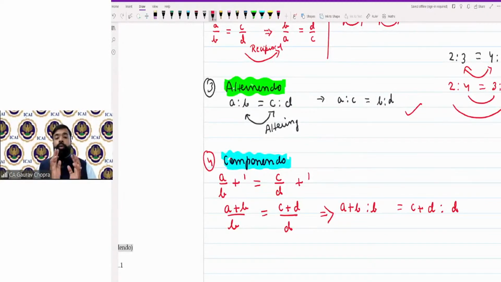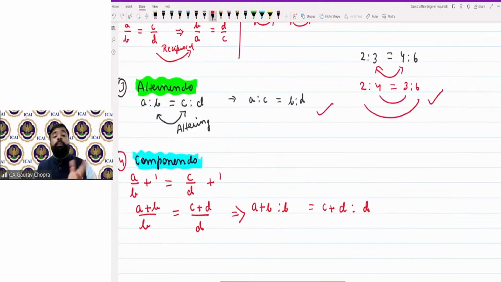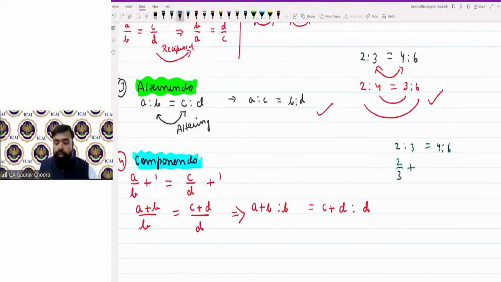This is known as componendo. So in short, componendo में हम क्या करते हैं, दोनों तरफ आपने +1 किया, and +1 करने से हमारा रेशियो क्या बनेगा, A plus B ratio B equal to C plus D ratio D. So componendo अप्लाई करने के बाद भी रेशियोज प्रोपोर्शन में रहेंगे. So let us check with the same example. 2:3 and 4:6, add 1 on both the sides. 2/3 plus 1 and 4/6 plus 1.